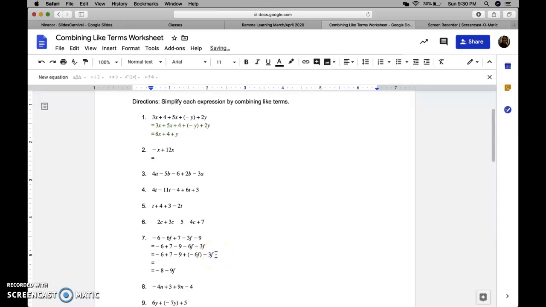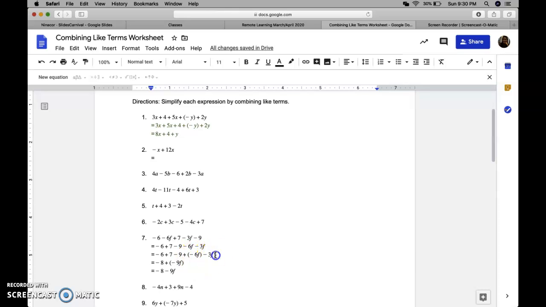And that's the same as, let me go equation mode, insert equation, negative 8 plus negative 9f. But then that's the same as negative 8 minus 9f. Okay, so if you want to write it like this, you can. And if you want to write it like this to help yourself out, you can.